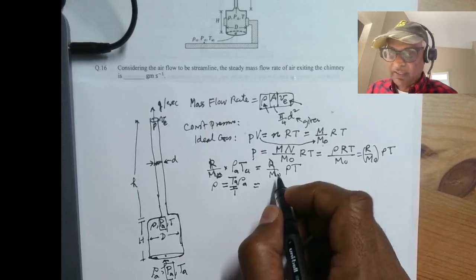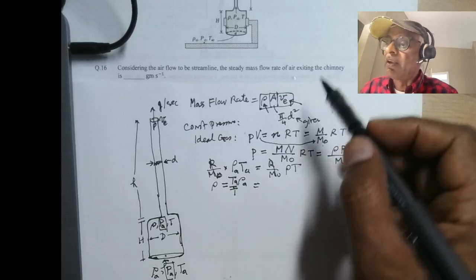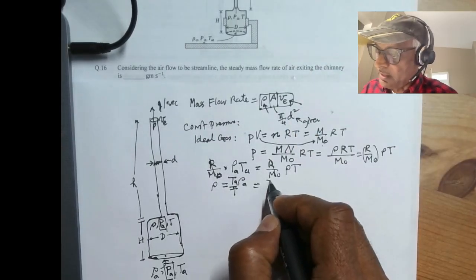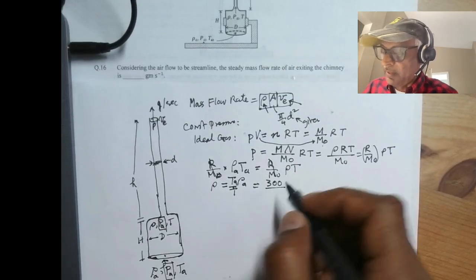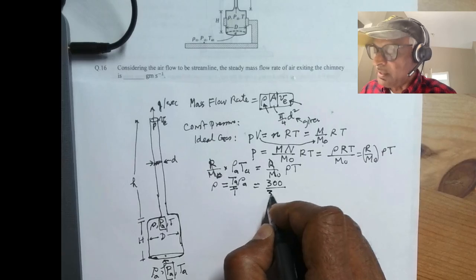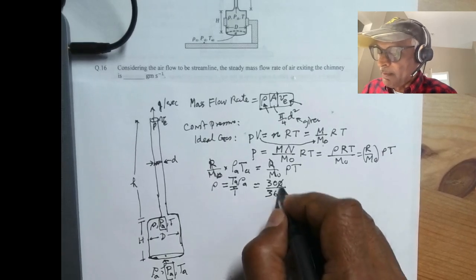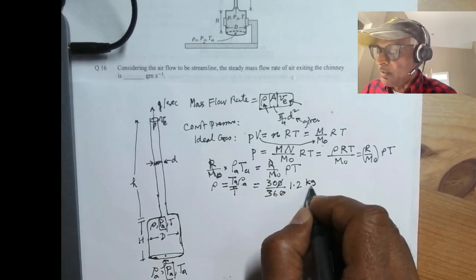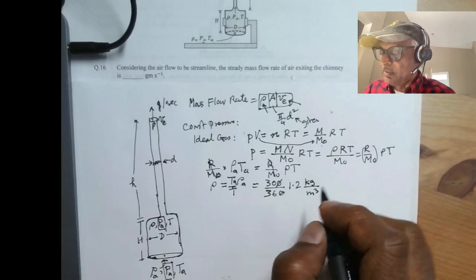T_A is given to be 300, T is 360, and rho_A is 1.2 kilogram per meter cubed.